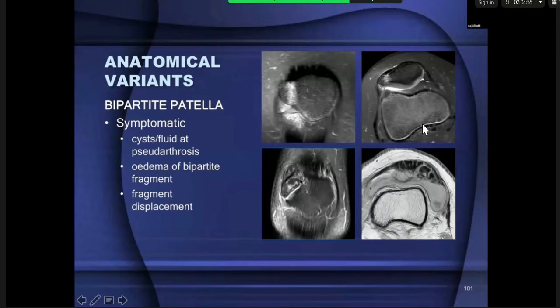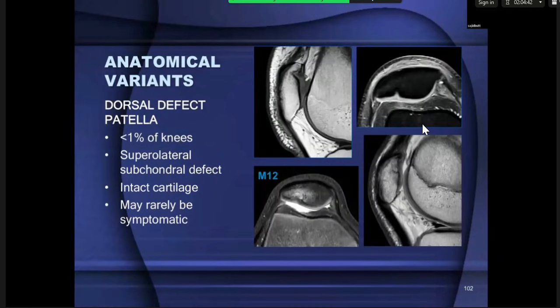And the fragments can be displaced with associated knee joint effusions. So if you see these associated findings, then you can call it a symptomatic bipartite patella, which I must say is less common. Another important normal anatomical variant is the dorsal defect of the patella.